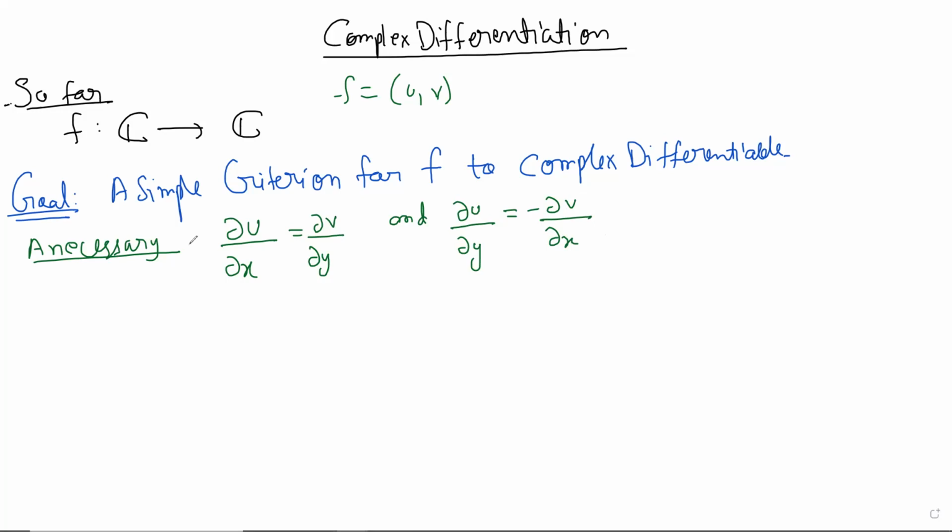So a necessary condition means that if f is complex differentiable at a point (x0, y0), then this should happen at (x0, y0), and this should happen at (x0, y0). Do we all remember this? Can anybody quickly summarize how we arrive at this?